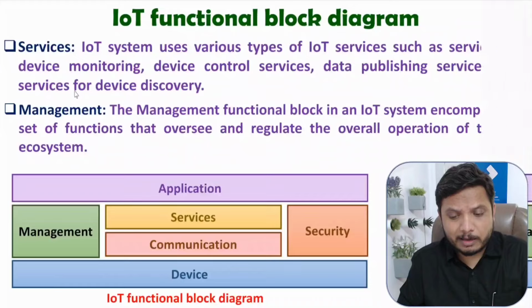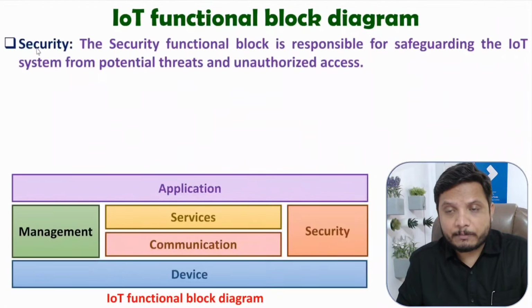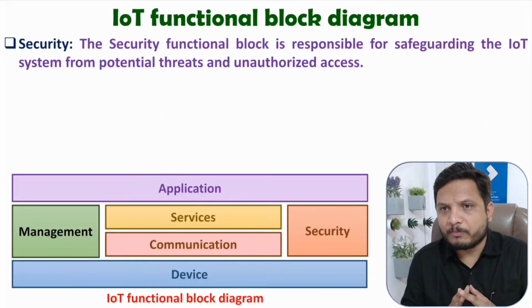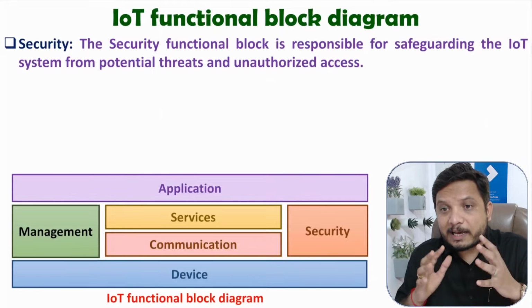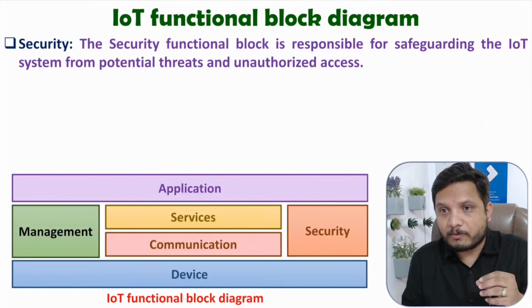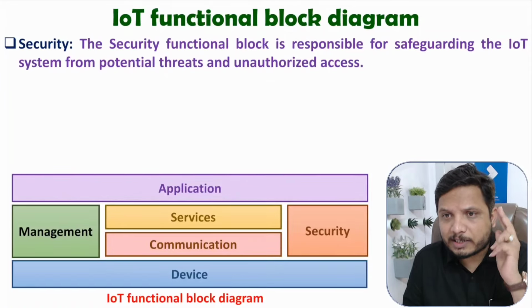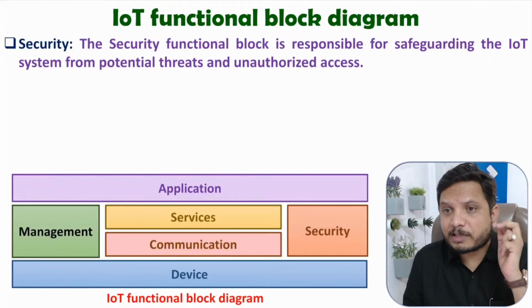See, next block, that is security. Security of IoT system is very essential, right? There is a need of safeguarding of IoT system. When you want to safeguard IoT system, at that time there are few basic things that you will be doing always, like authentication of connection, authorization of connection.